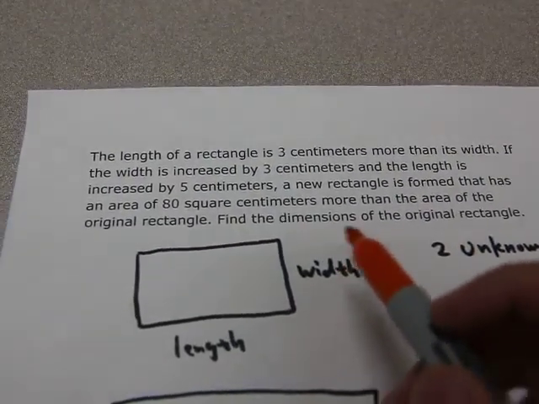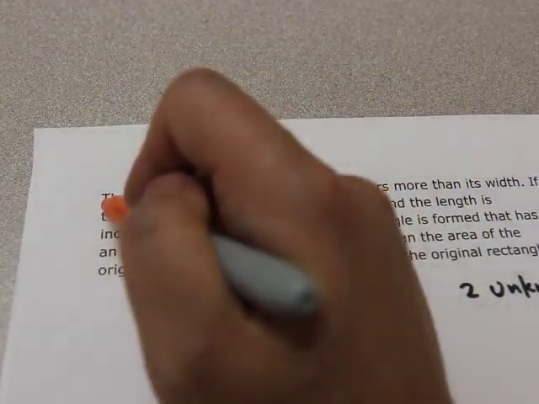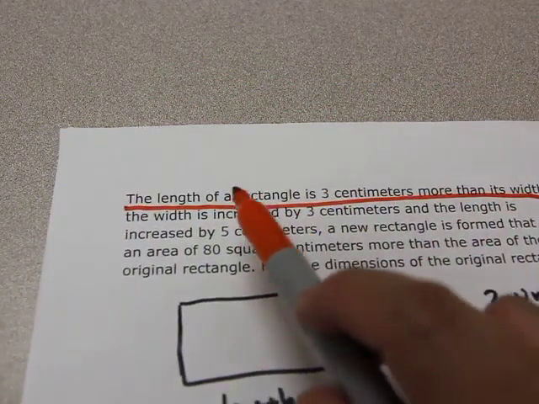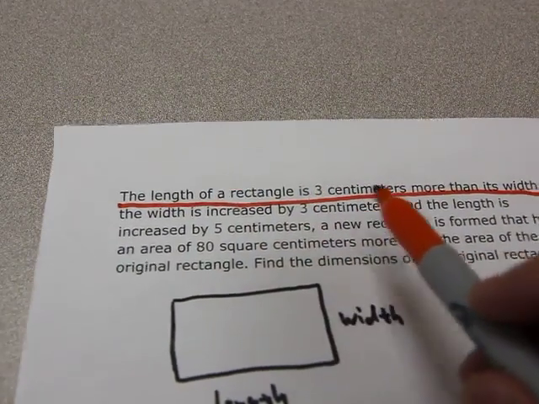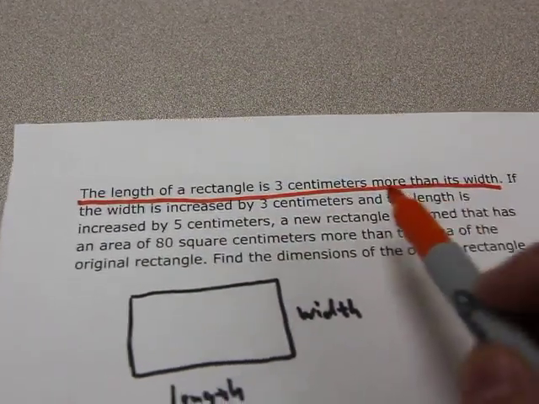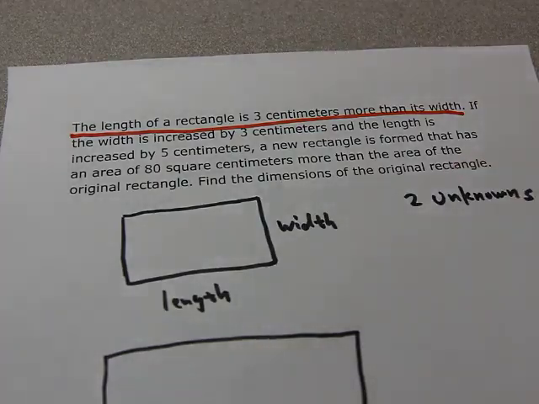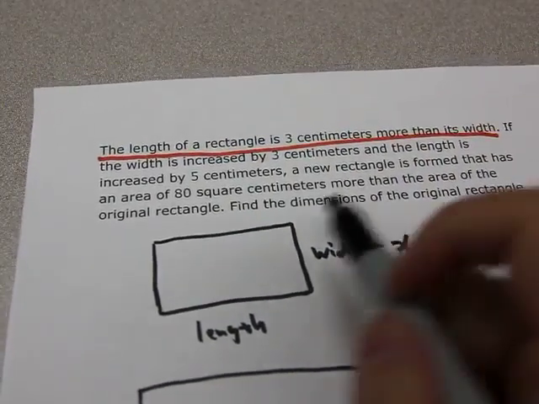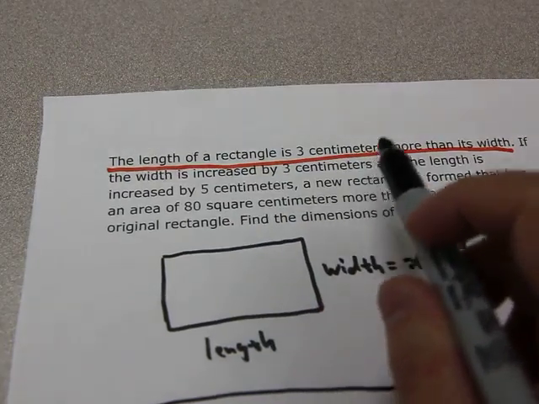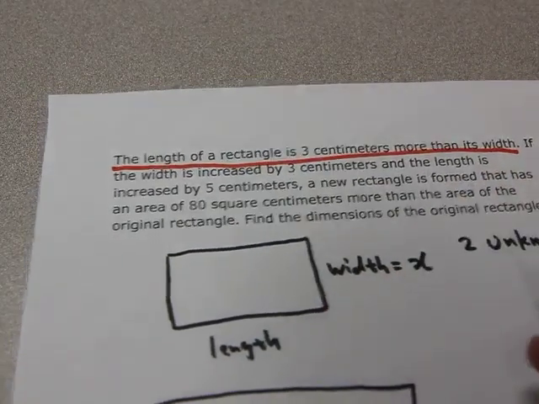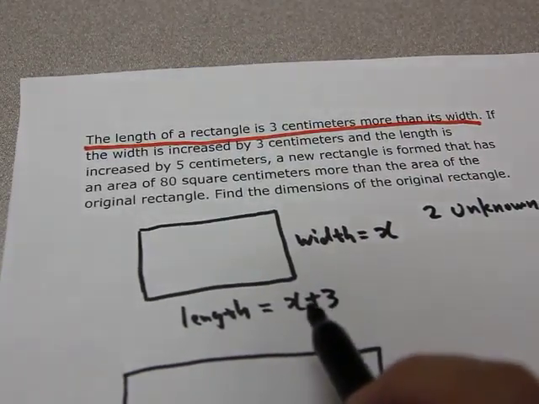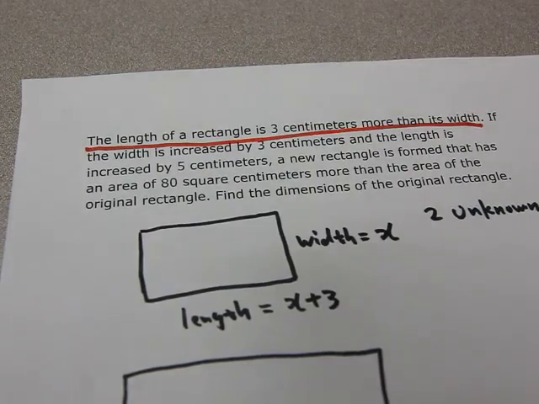So if we go back to this problem and check the first sentence, it says the length of this rectangle is 3 centimeters more than the width. Therefore, if we set the width of the rectangle to be x, then according to this indicating word "more than," the length will be x plus 3, right?